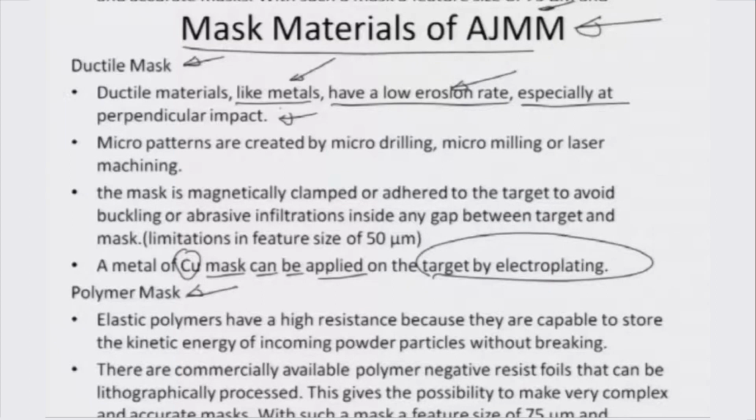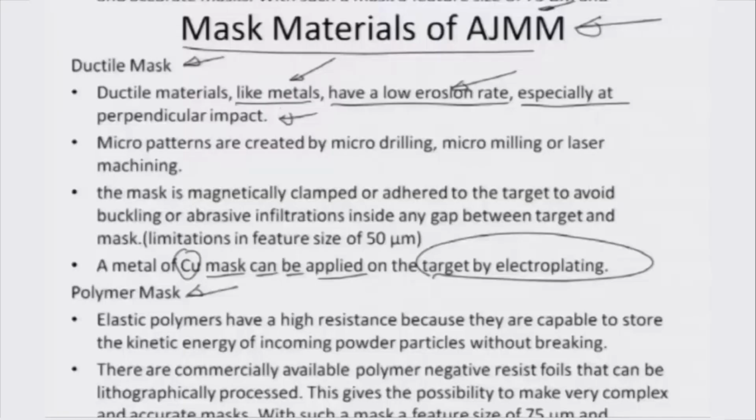And the question is how you create such micro patterns or micro features within the masking surface. So, there are several alternate processes, and that is why micro machining, or microsystems fabrication using advanced manufacturing processes, is really not a one process or one step approach.